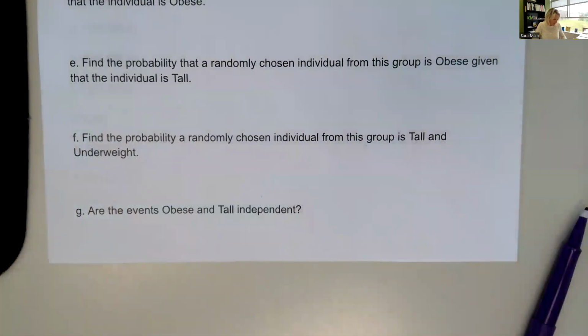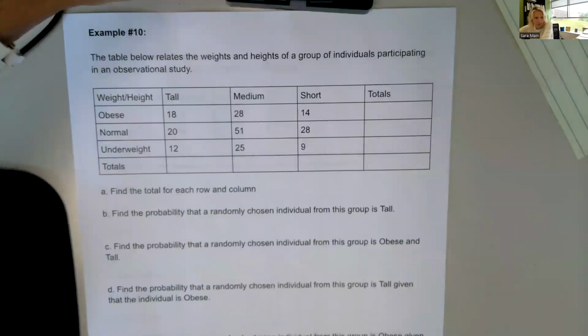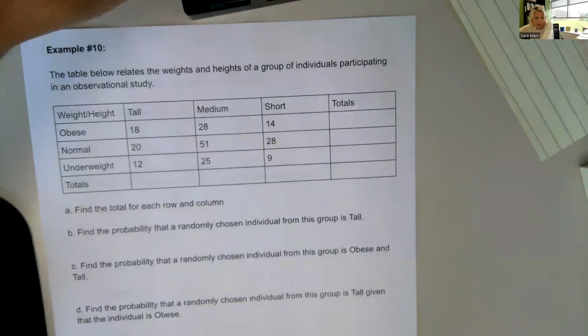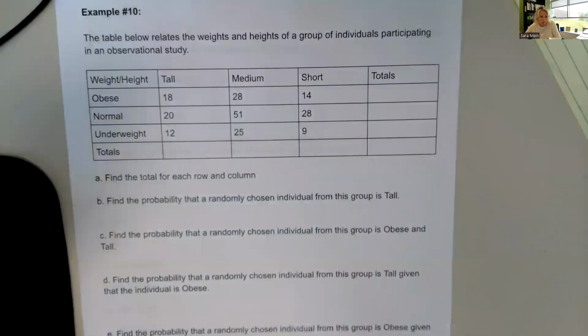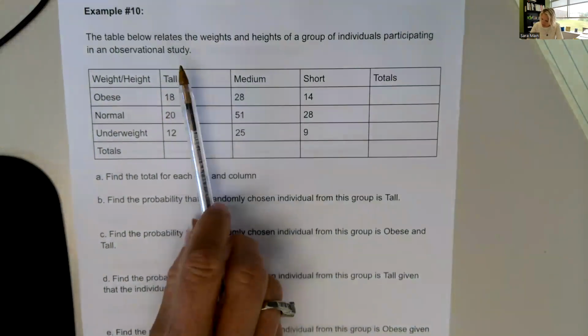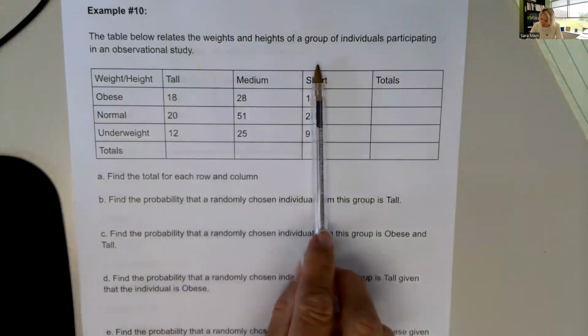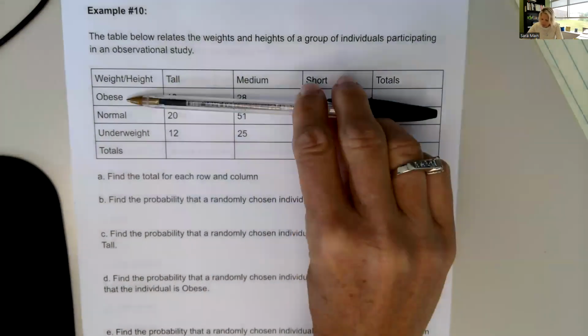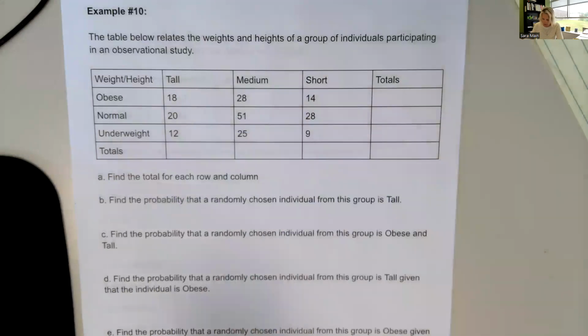One last table. The table below relates the weights and heights of a group of individuals participating in an observational study. So we have height: tall, medium, and short, and weight: obese, normal, and underweight.